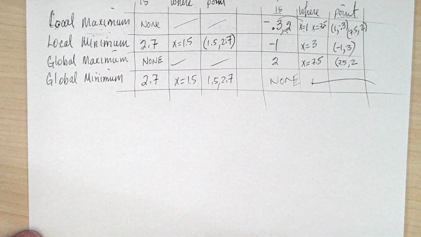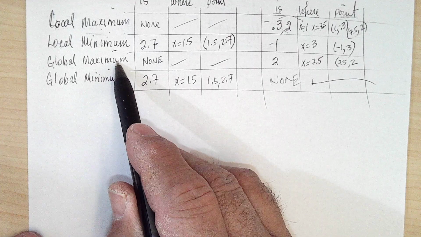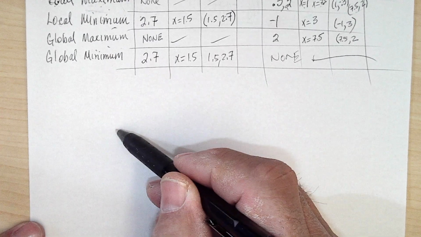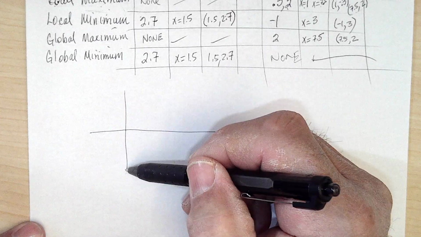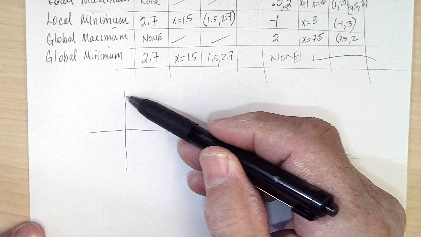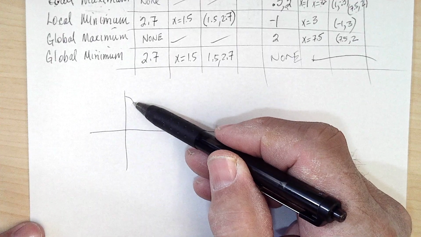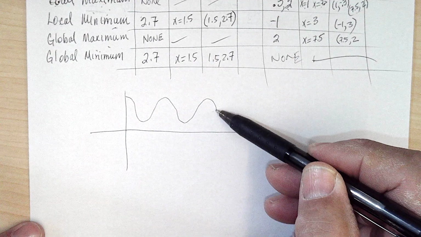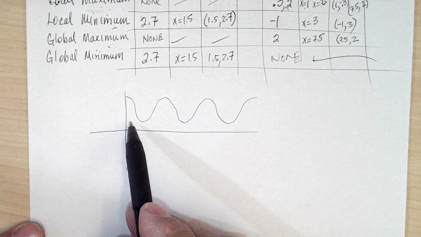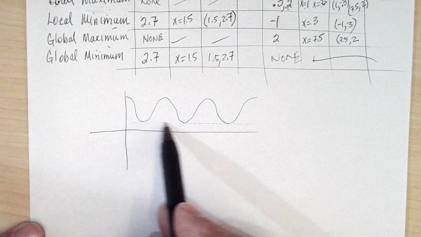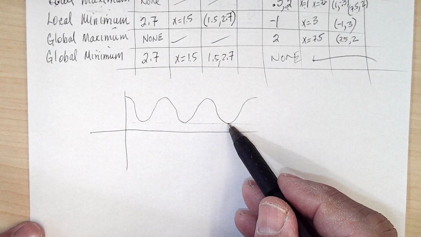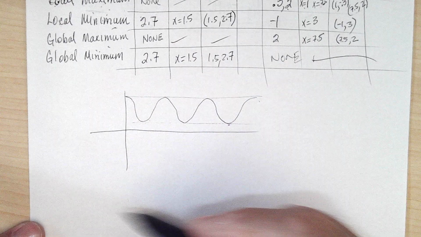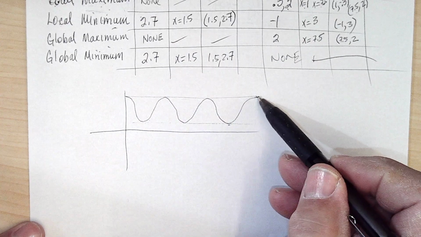Global max and mins, you would think probably there's only one possible, but remember the problem we did with a graph with a bicyclist, how high their toe is from the ground, and it went something like this. Looks like it would always be at the bottom of the pedal, the same distance from the ground, and at the top of the pedal, as you're pedaling, the top would be the same.